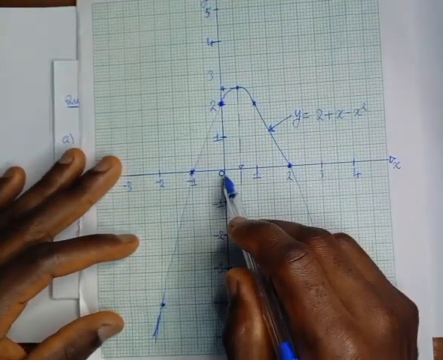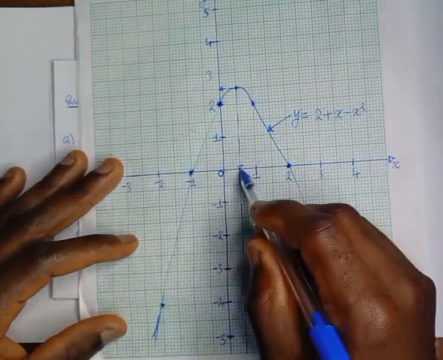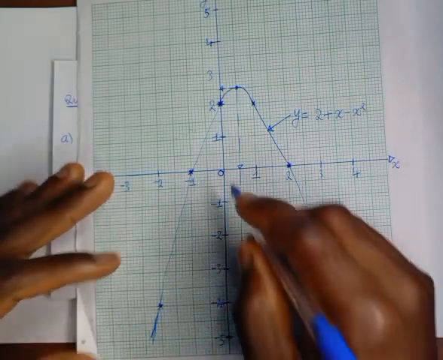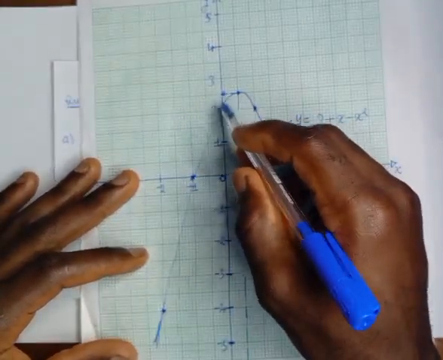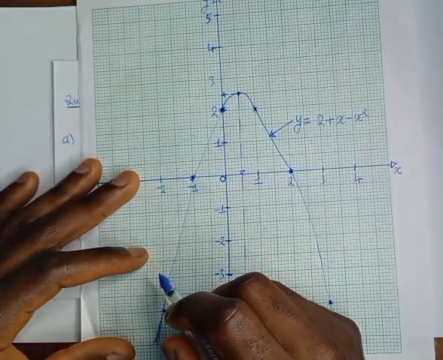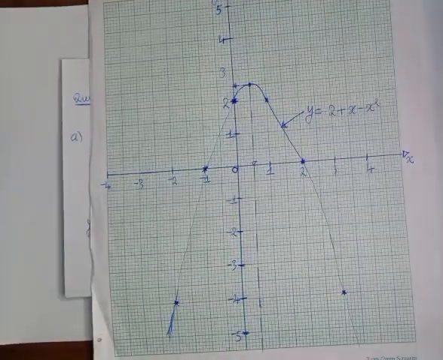Okay, now you can see on our graph, if 2 of these bigger squares represent 1 unit, then 1 of these bigger squares will represent a half. So at this point, x is a half. Here, y is simply 2 plus a half, which is 2 and a half. Now let's go to the next part of the question.